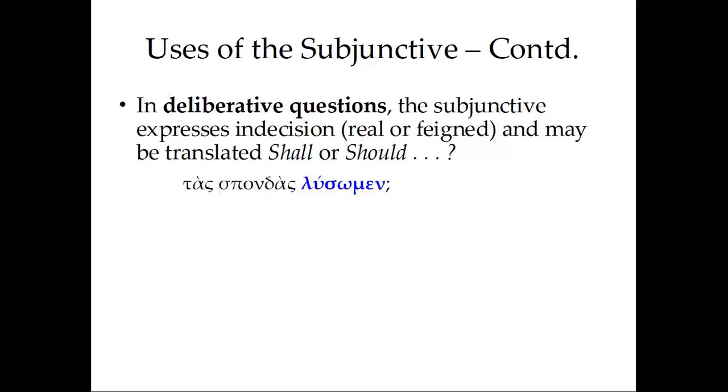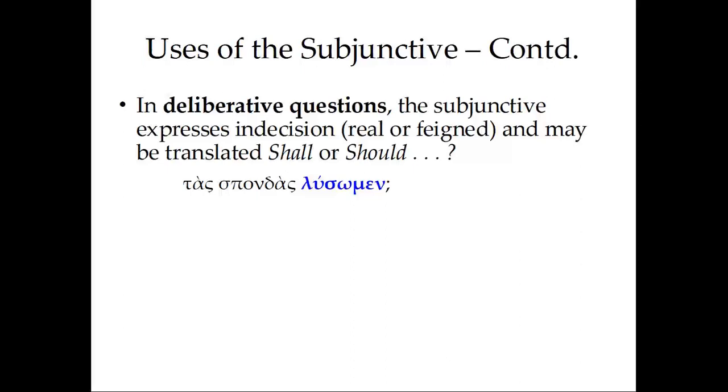And our verb here is a form of luō, to break or dissolve or destroy or undo. And we see by our ending, omen, that long omega, that we have a subjunctive and not an indicative form of the verb.